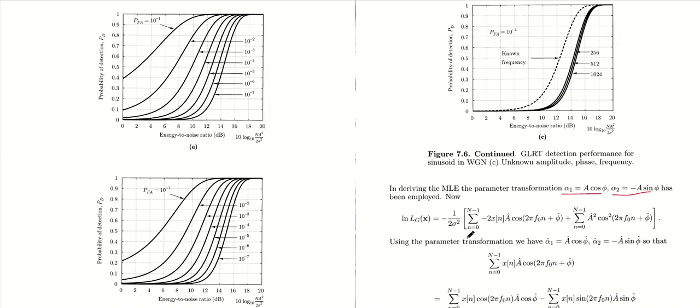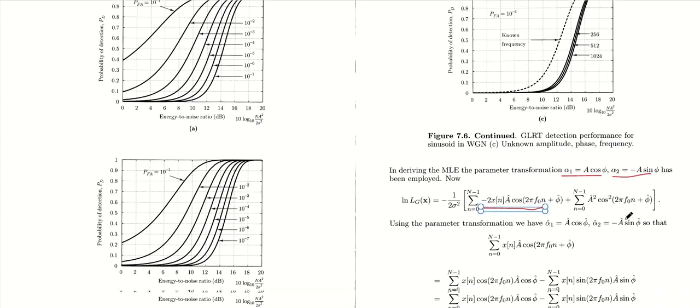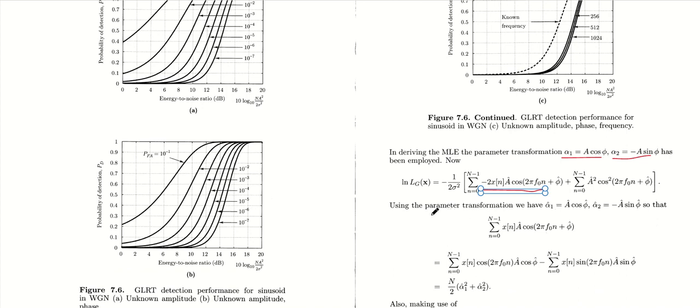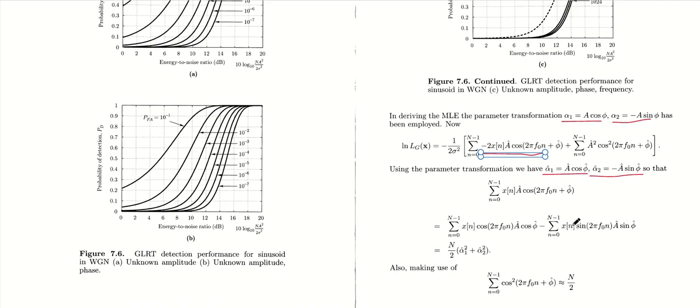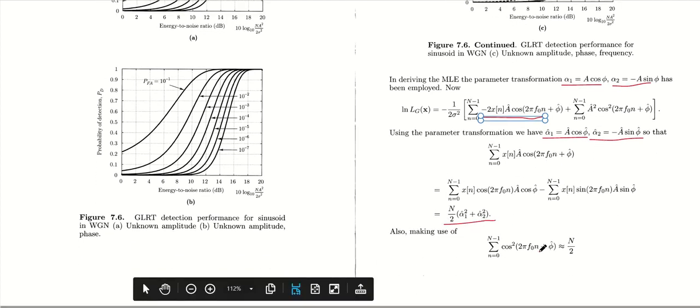So that you get this A x cosine and A squared cosine squared. Using the parameter transformation, we have alpha 1 equal to A cosine phi and alpha 2 equal to minus A sine phi, so that this thing, with derivations, becomes that.